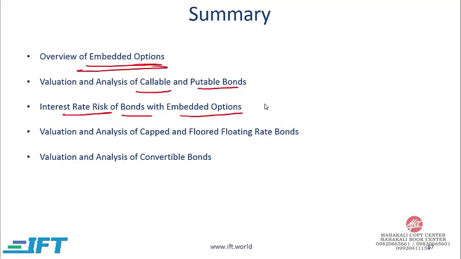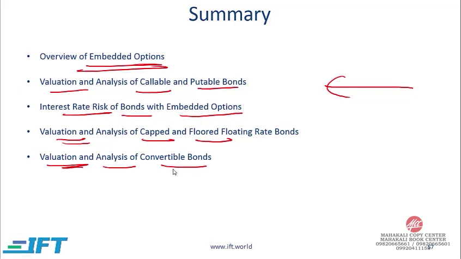So you need to understand effective duration and you need to understand effective convexity. Then we talked about valuation and analytics of capped and floating rate bonds. In all the valuation, the process is backward induction. And finally, we talked about the valuation and analysis of convertible bonds. Here the key is to remember the terminology. That is it for this reading.